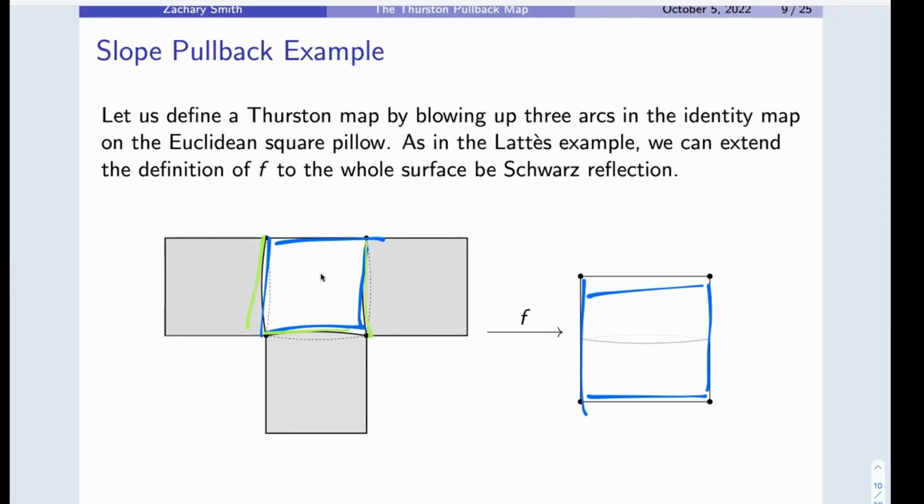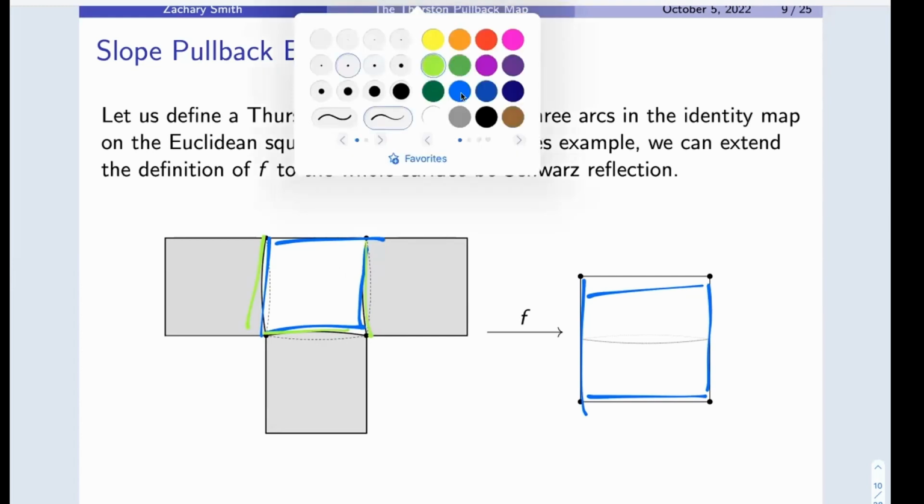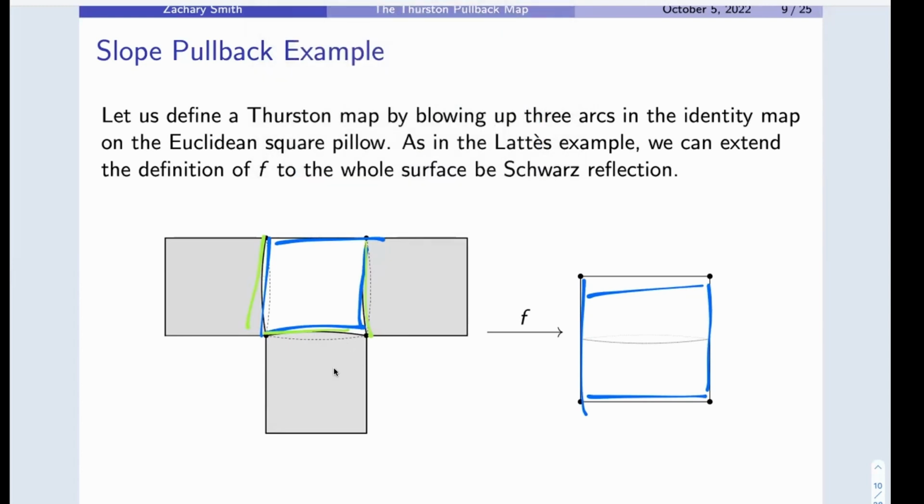Then I can extend the map from this white tiled base pillow to these flaps just by reflection again. Obviously you're not going to be able to see this in the coloring, but there's a backside to all this. It's also going to be T-shaped. The backside of, let's say, this bottom flap is going to be a white tile, meaning that it gets sent to the front half of this pillow here.